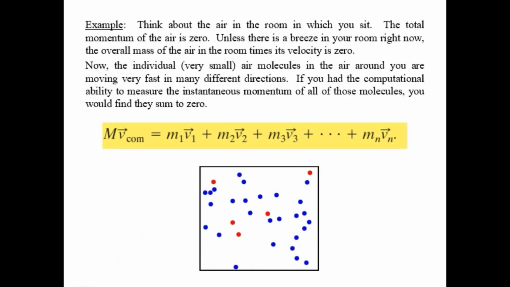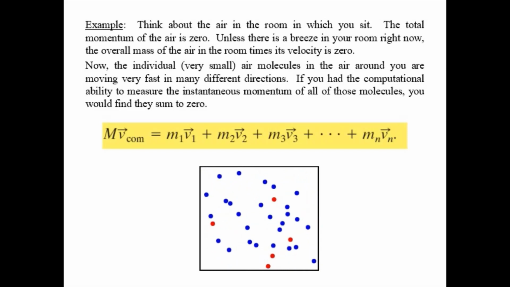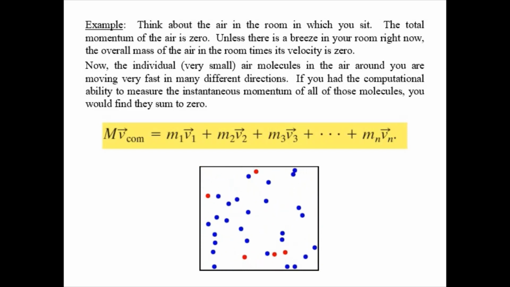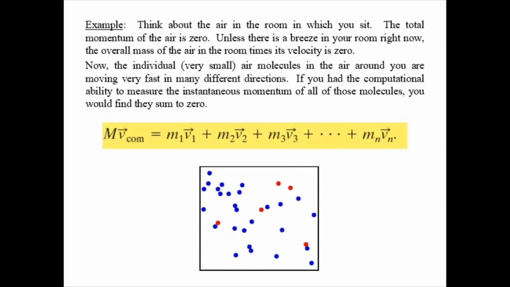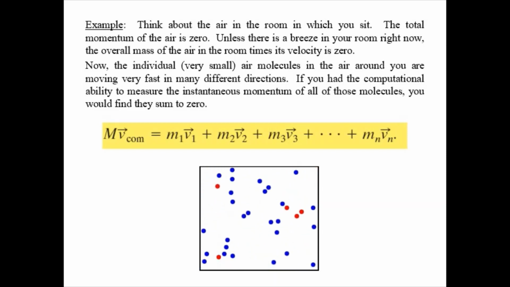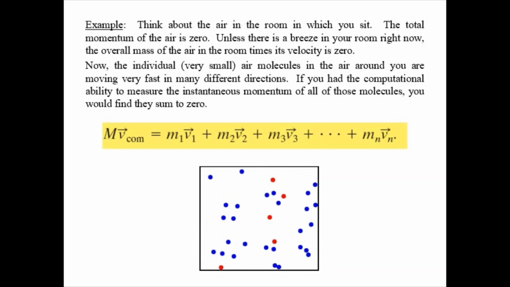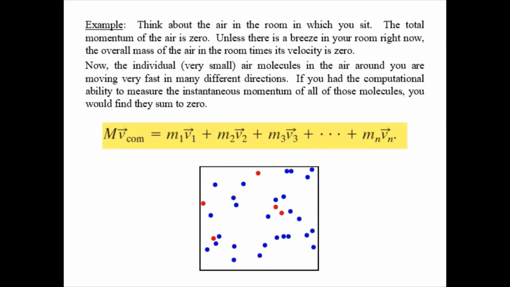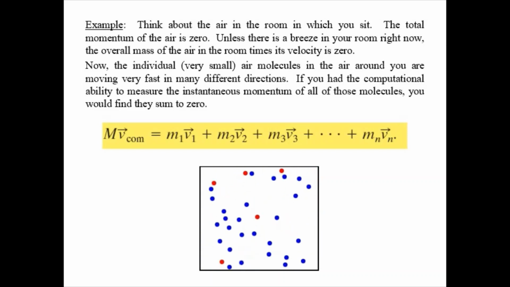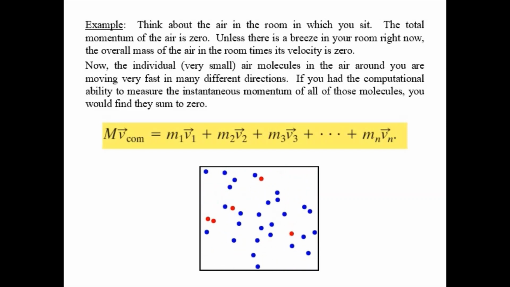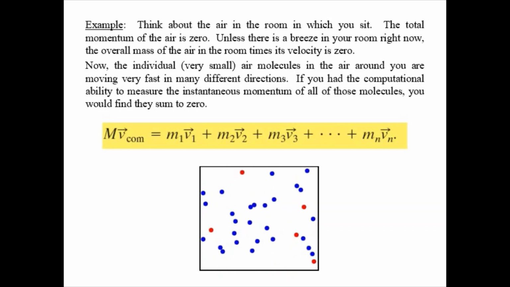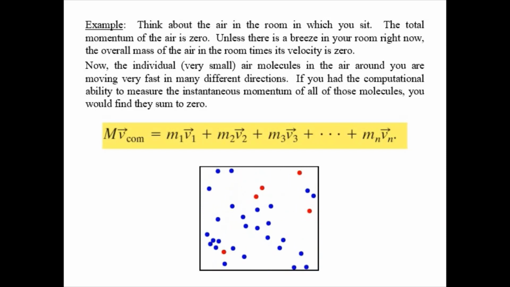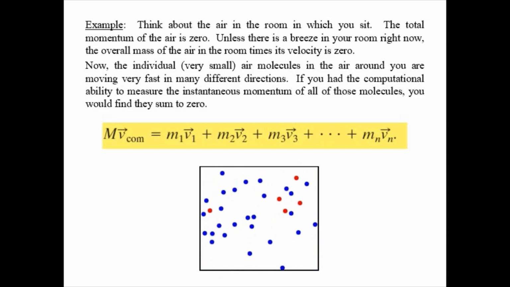And so a simple example of that is to think about the air in the room in which you're now sitting. And the chance is that the total momentum of the air in the room is 0, okay? Unless there's a breeze in your room right now, which I'm going to assume there's not, right? If you're sitting in a closed room inside your home right now, then unless there's a breeze, the overall mass of the air in the room times the overall velocity of the center of mass of the air in your room right now should lie somewhere towards the center of the room, probably.